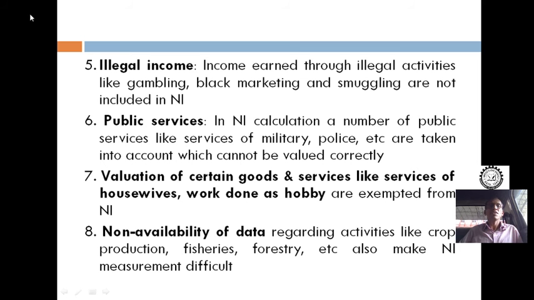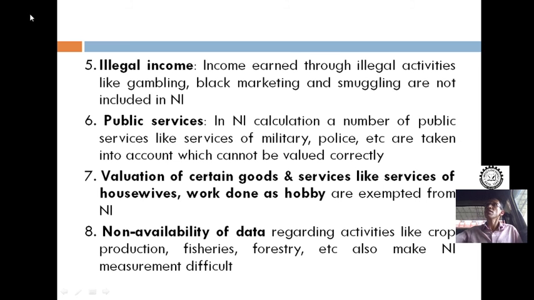Now, number five, illegal income. It is generally excluded from national income calculation, but many persons are earning income through illegal activities like smuggling, gambling, illegal marketing, etc. This also makes a problem in the national income calculation.